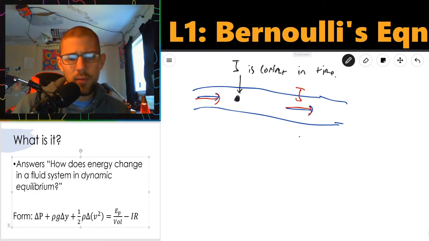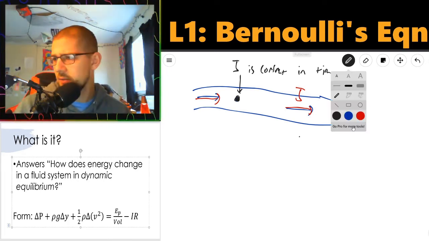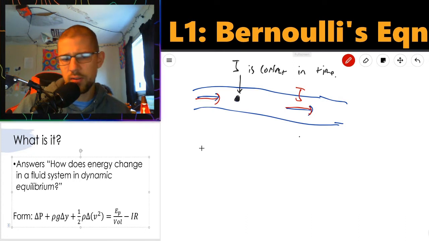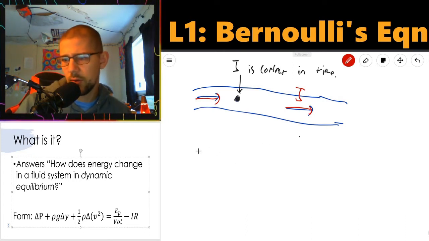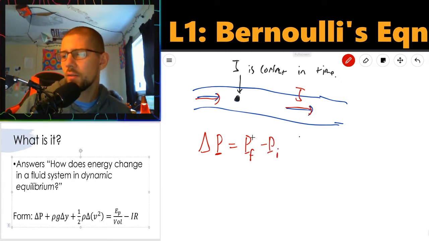I want to talk briefly about this little delta here. Each of these deltas corresponds to some notion of final minus initial. So delta still means delta of some quantity. I'll call it delta of pressure. Still means final minus initial. But for the sake of convenience, we are always going to set our final point to be further downstream.